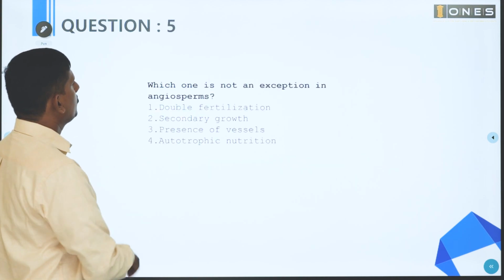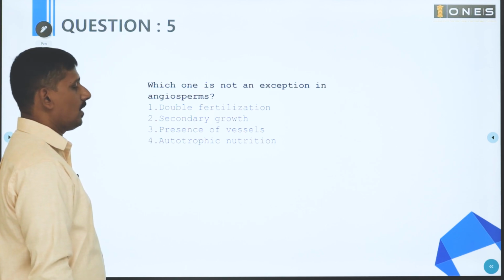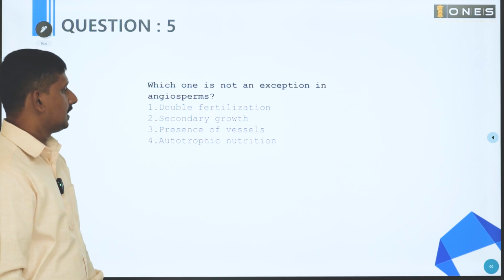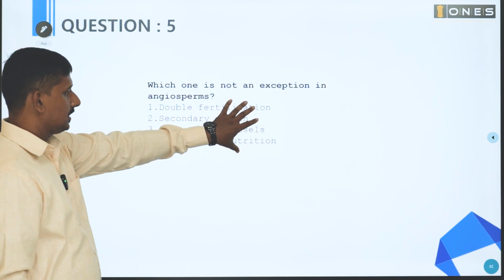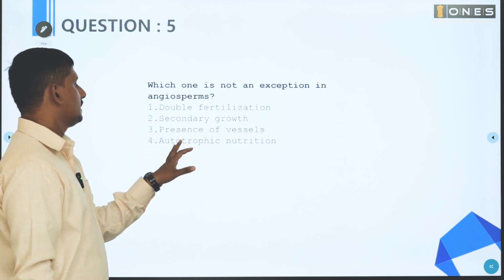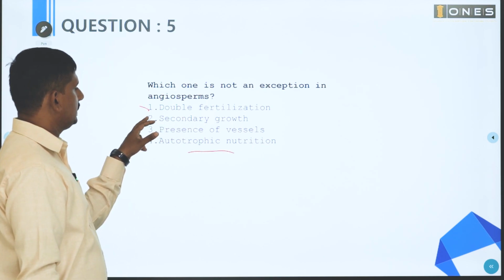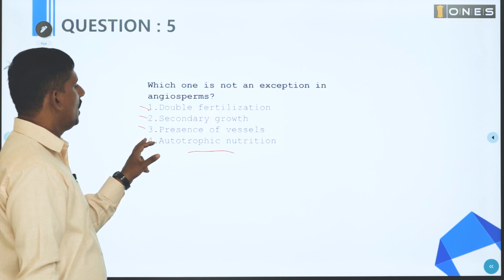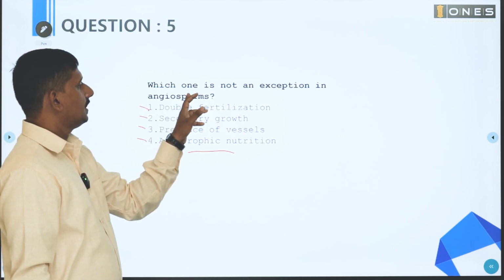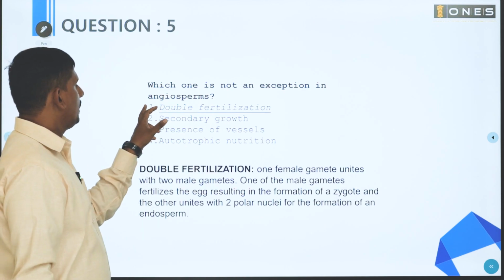The next question is, which one is not an exception in angiosperms? The four options are double fertilization, secondary growth, presence of vessels, and autotrophic nutrition. The right answer is double fertilization.